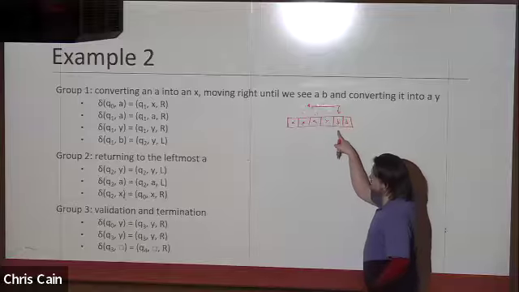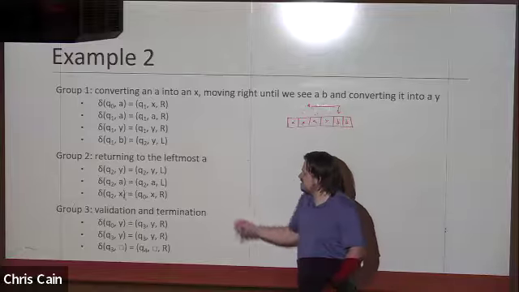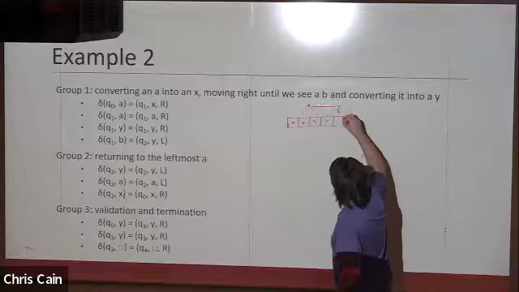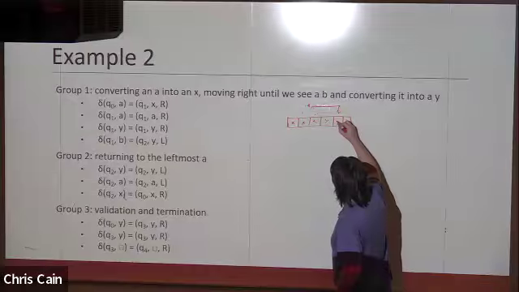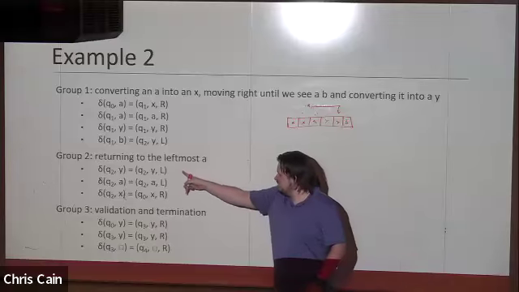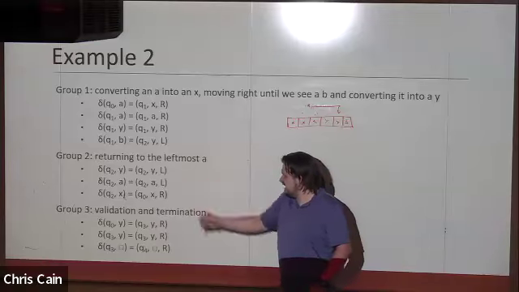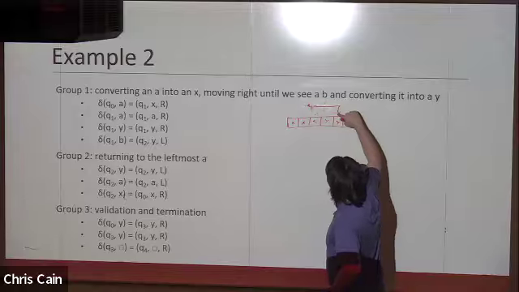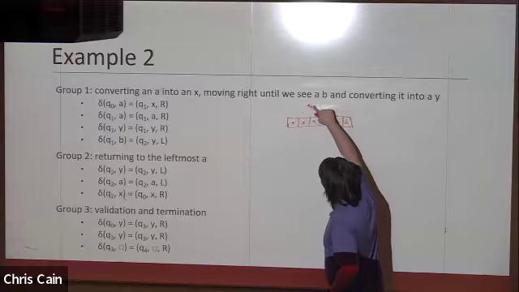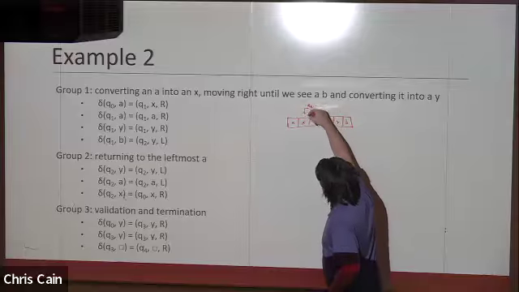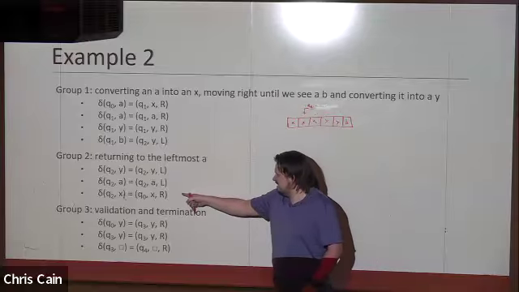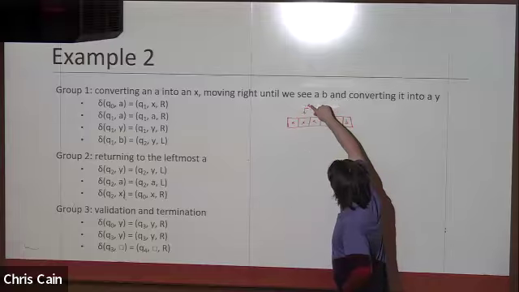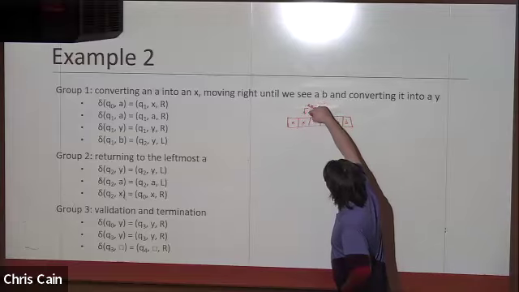Once we get here, Q1 on a B says turn that into a Y, move back left. From Q2, we move left past all the Ys and all the As, left, left, left until we see our first X. Once we see an X, we move back to Q0 and move right.